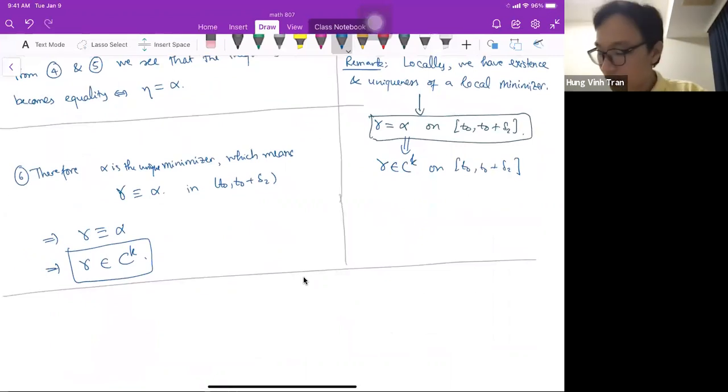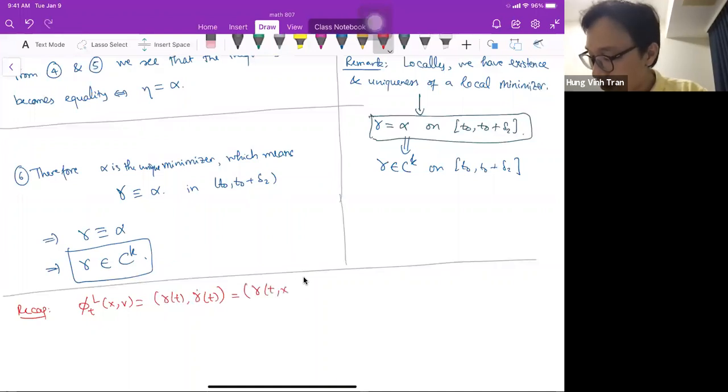So before concluding step 6, just a quick recap about the Lagrangian flow, right? So phi_t^L of (x, v) is nothing but gamma dot of t. Earlier I wrote, or sometimes you can write, gamma_t(x, v) just to denote that it depends on (x, v).